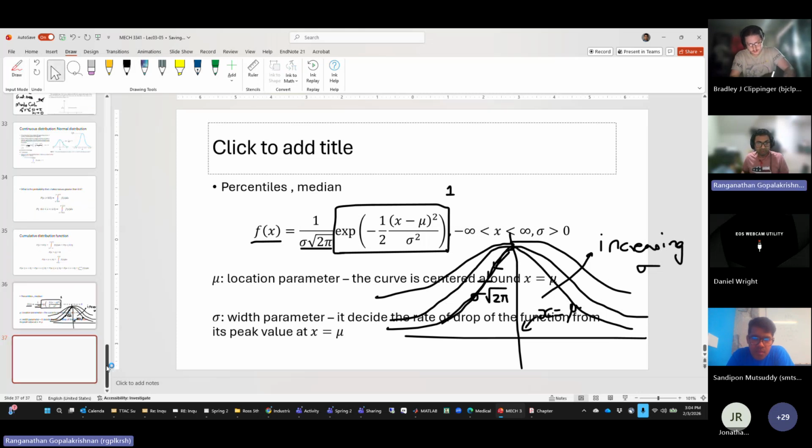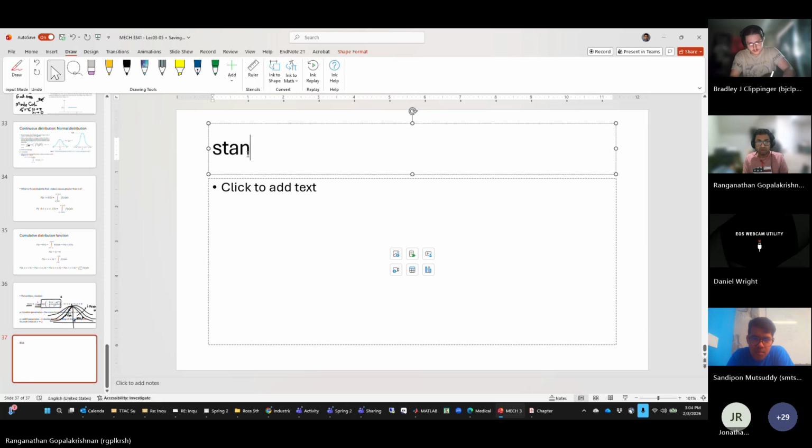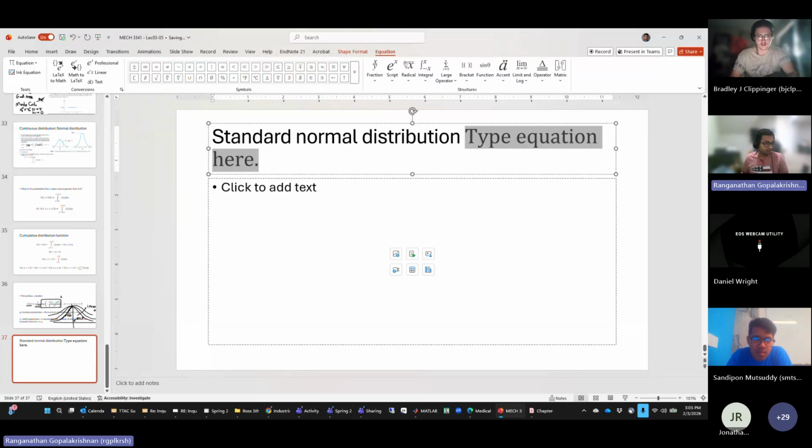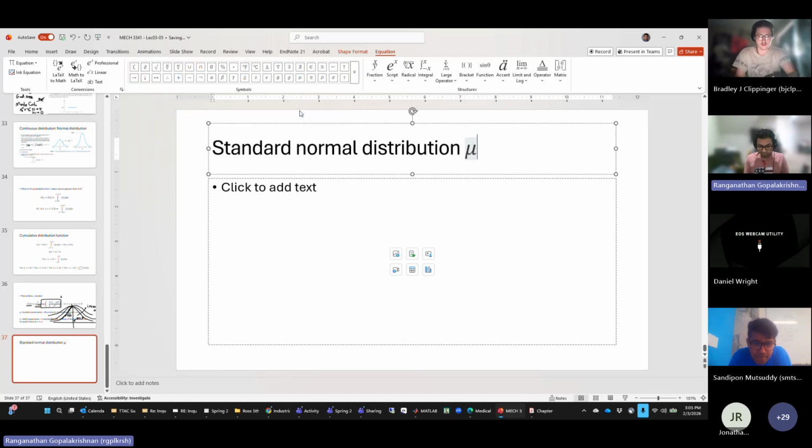So let's consider a special case called the standard normal distribution. That is for the case where you have the mean value to be 0 and the standard deviation to be 1.